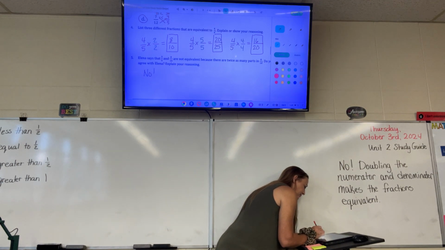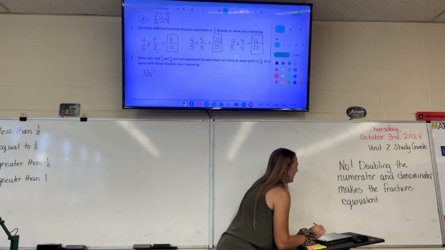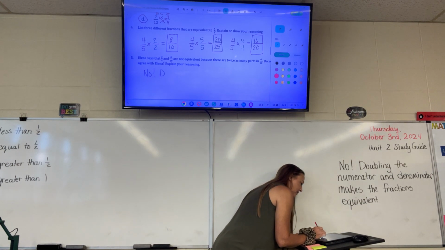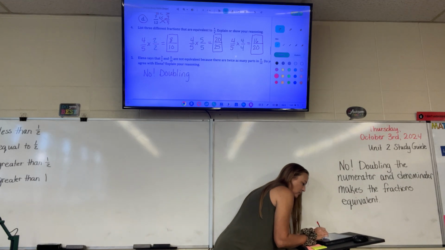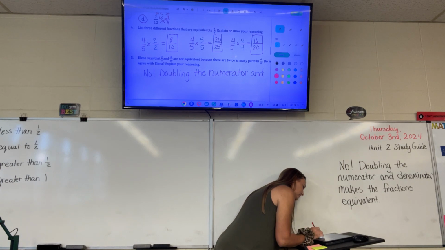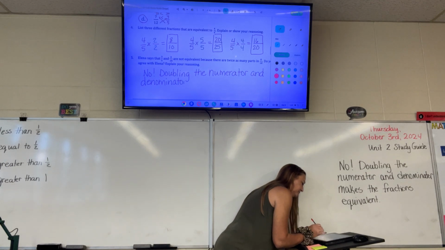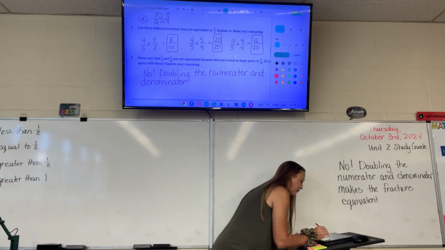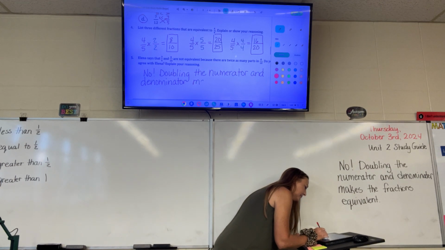No. We do not agree with Elena. Doubling the numerator and denominator makes the fractions equivalent.